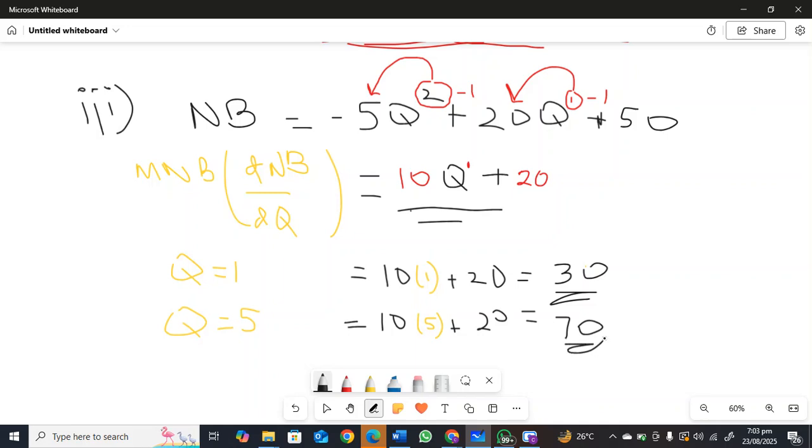So here, when we increase production, the additional benefit is increasing. The additional benefit is increasing. Any questions before we go to the next part?